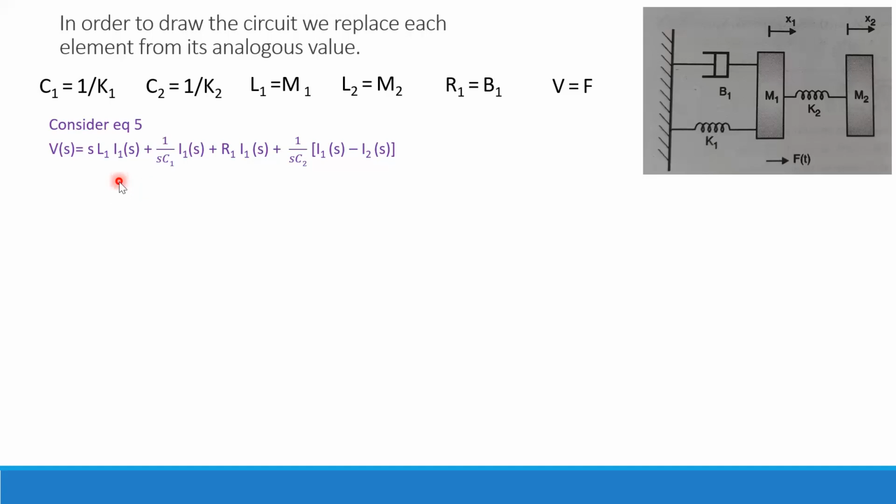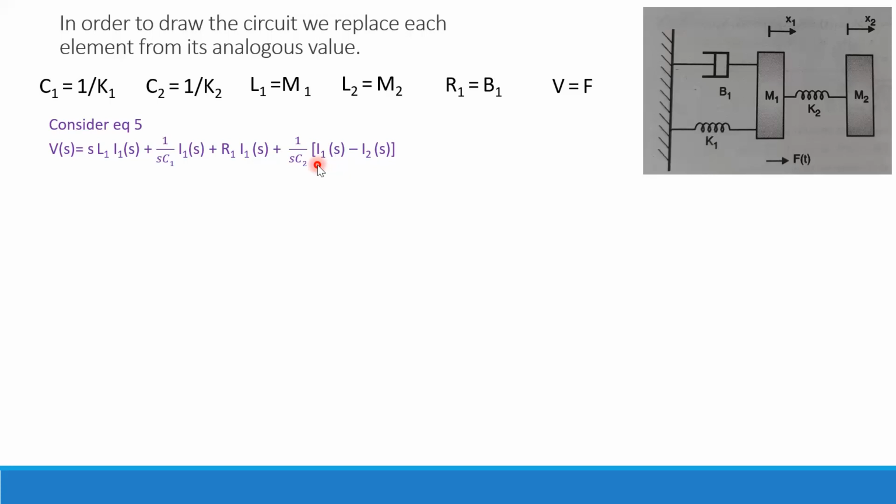Now you will see that current I is multiplied with inductance, that means I is multiplied by L here, that means current is flowing through L1. It is similarly flowing through capacitance 1 because it is multiplied to this one. Then again current is multiplied to resistance, that means it is also flowing through R1, as well as I1 and I2 flowing through C2.